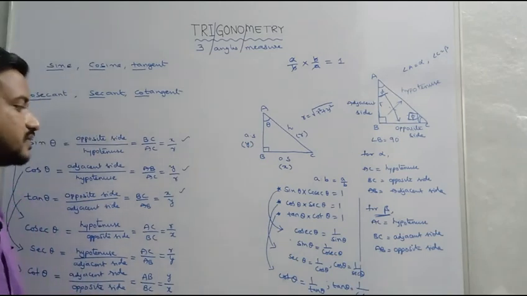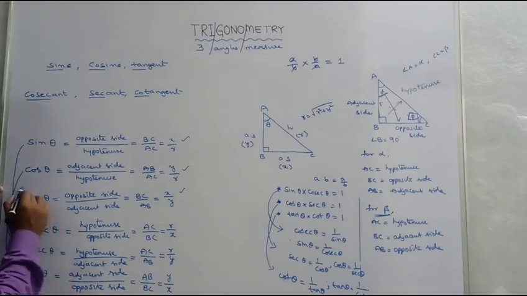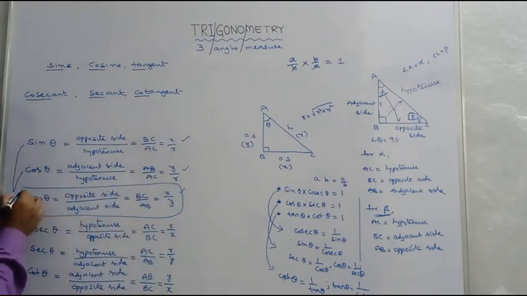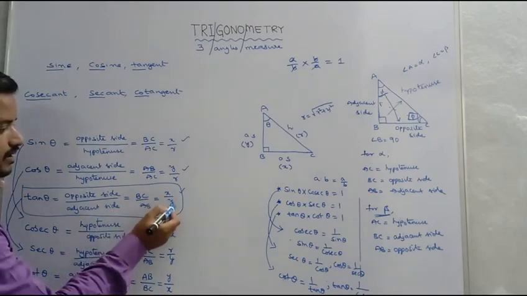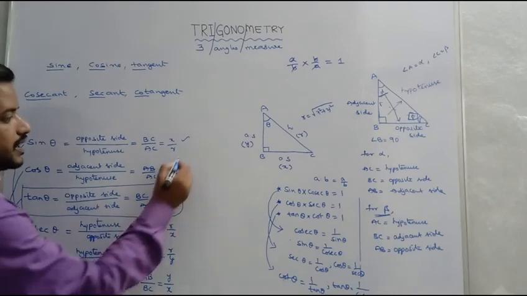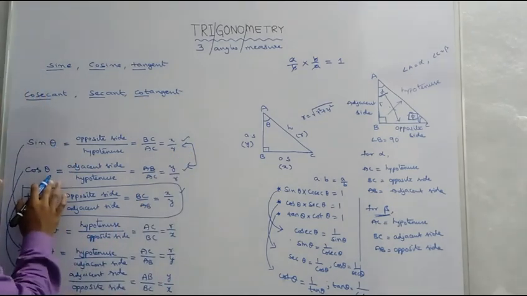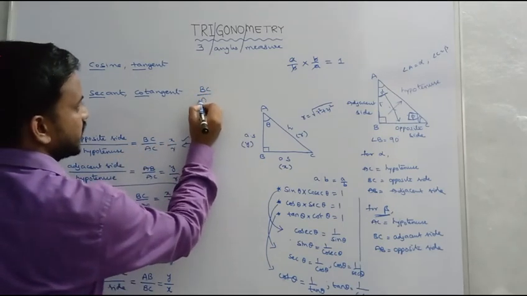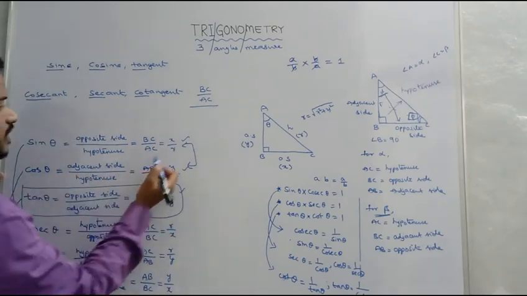Okay, and also one more thing you can identify. Observe this tan theta. When I consider this tan theta, we got the value as x by y or BC by AB. Try to divide these two values, sine and cos. So what is the value of sine? Sine value is BC by AC. Cos value is what?